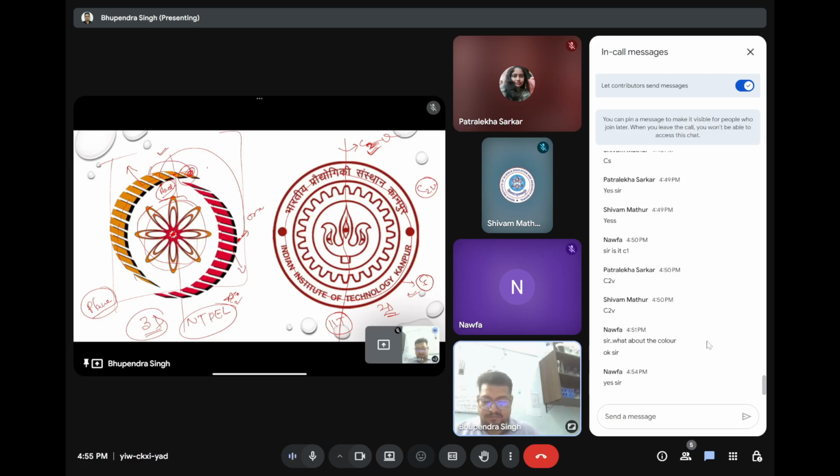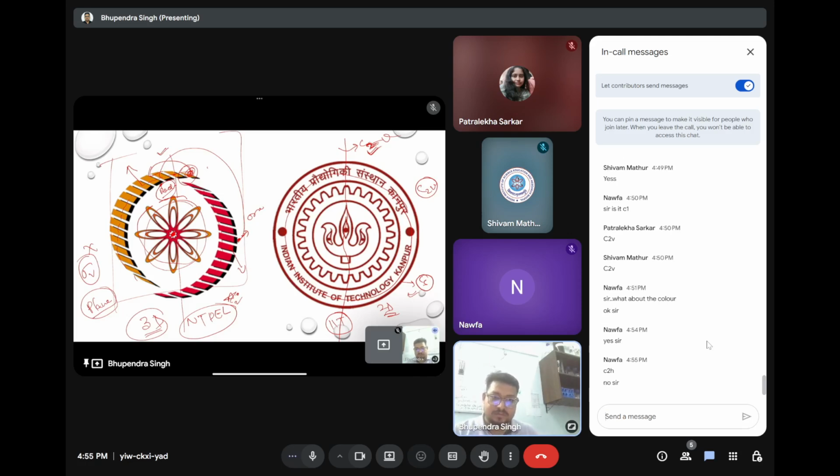No, sigma V is not there, I think. Nafa, what do you say? Sigma V is there or not? Sigma H I can find. So, sigma V is not there. So the point group of this should be C2H.